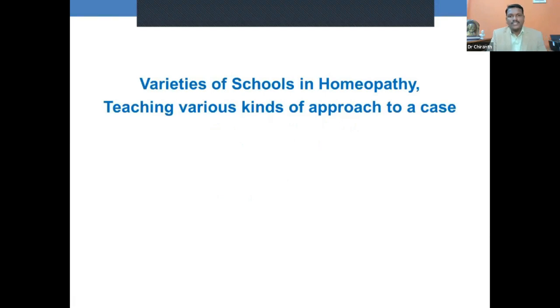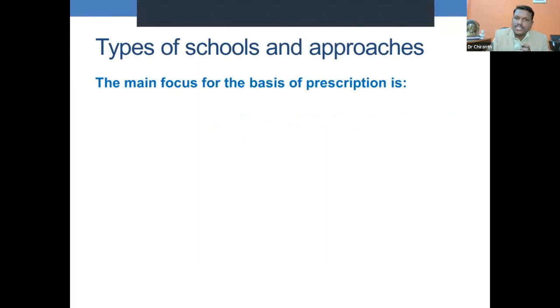Yes, we'll get back to the various schools of homeopathy. There are different schools, and we are all learning from different schools and following and getting results. Generally, we will be stuck to one particular school in our practice. As we all know, among the different types of approach, there are some schools which mainly focus their prescription on mind symptoms.